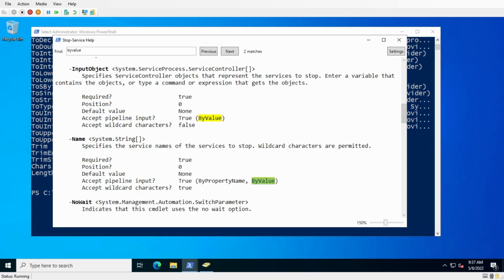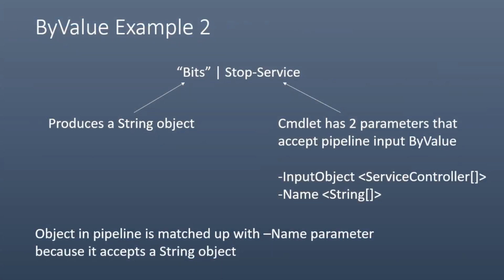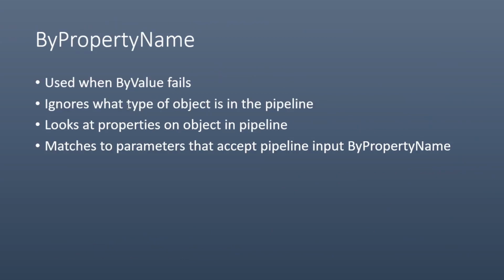That's PowerShell's plan A for what it is going to try. So what if plan A fails? What if you have an object in the pipeline that the parameters on the next cmdlet don't accept for their data?